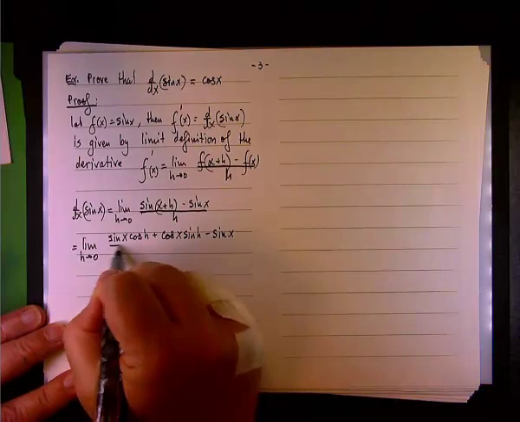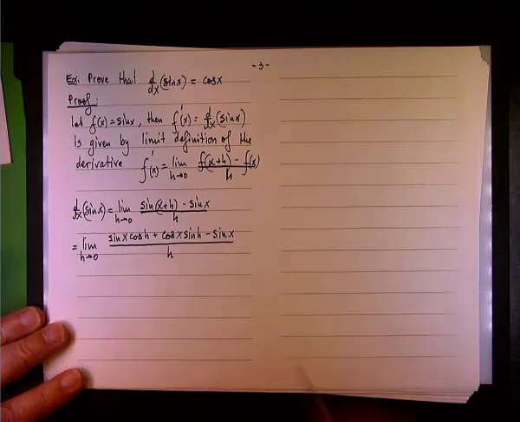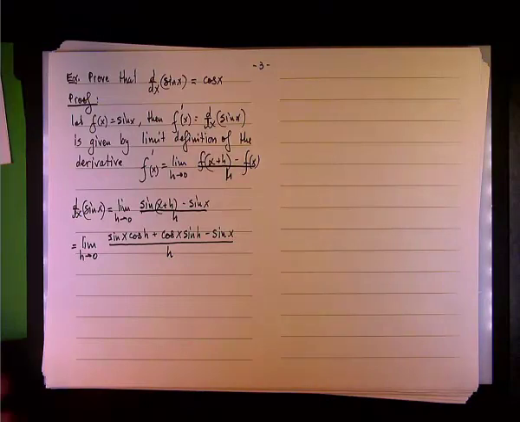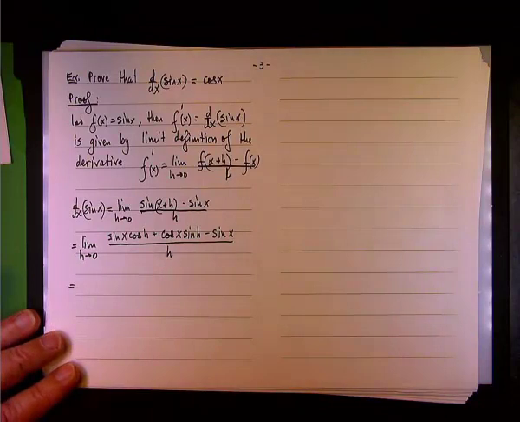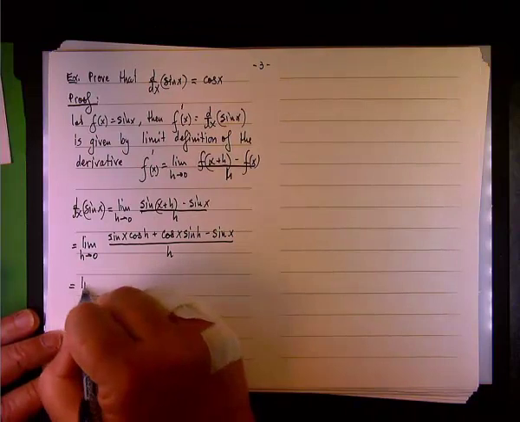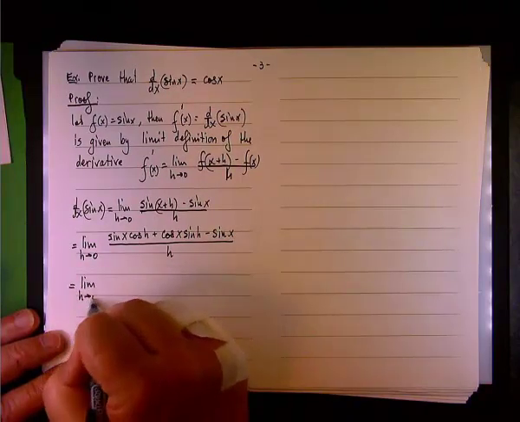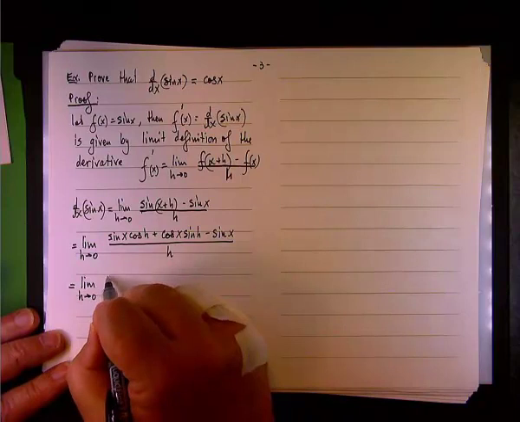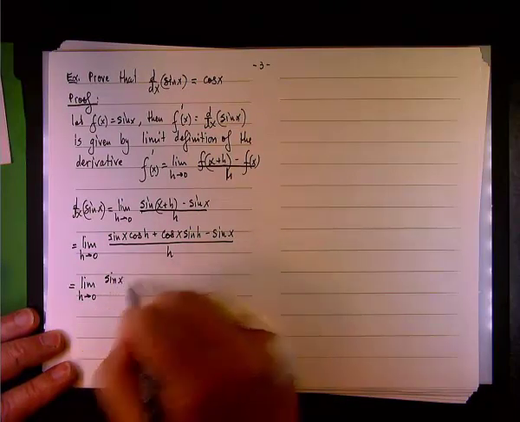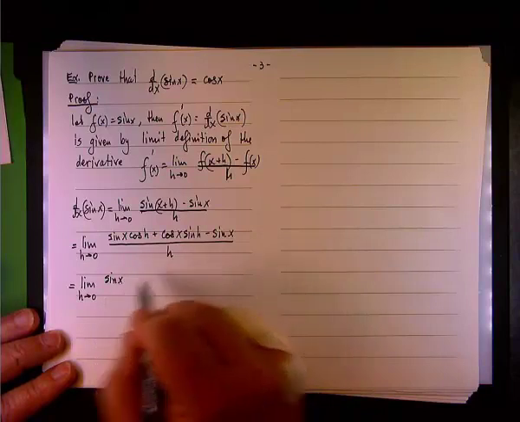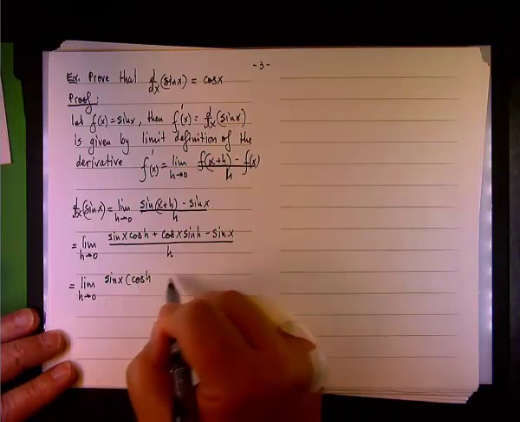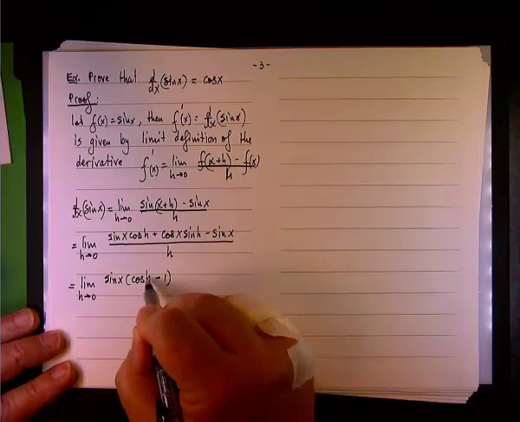All right. So here's the identity: sine x cosine h plus cosine x sine h minus sine x, divided by h. For reasons known to me right now, unknown to you, but which will become clear later on, I'm going to break it down into two parts. This will be the limit as h goes to 0.